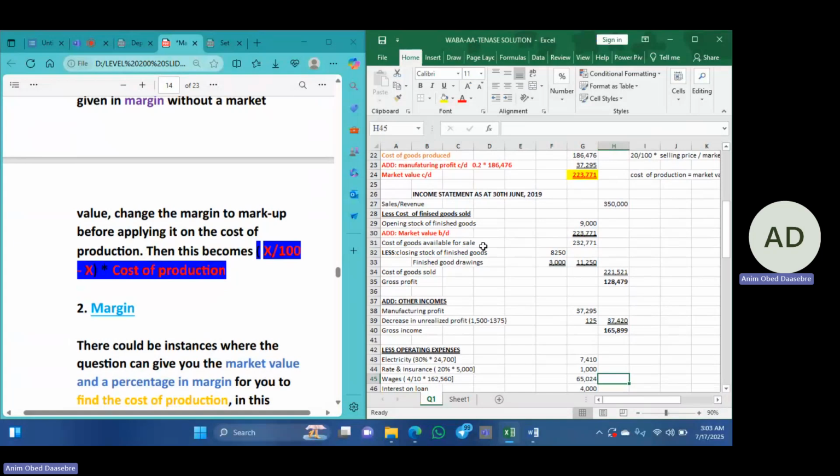So guys, listen again. Generally, the purchase of raw material is being replaced by the market value that you have calculated here.